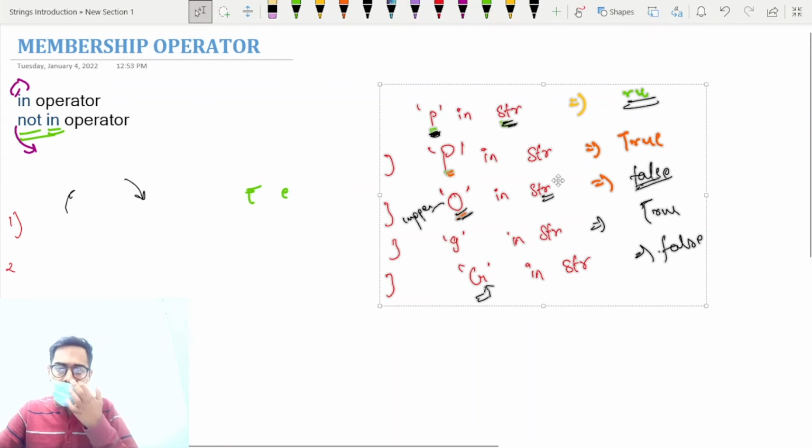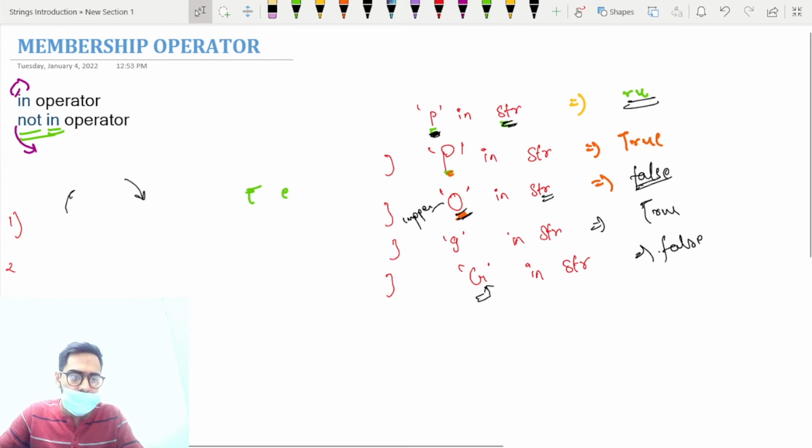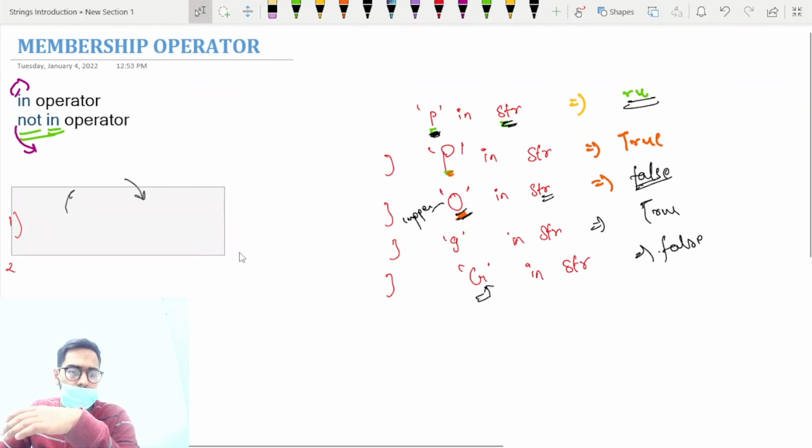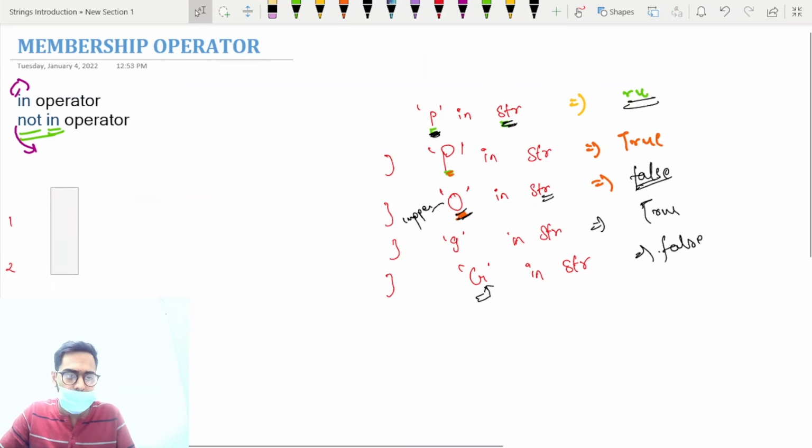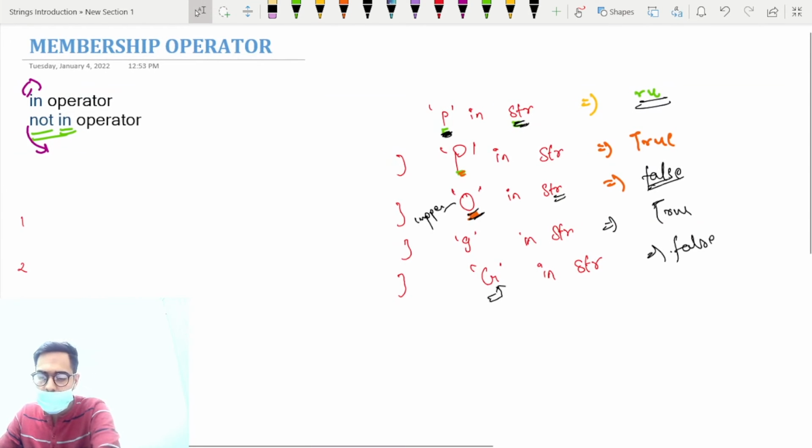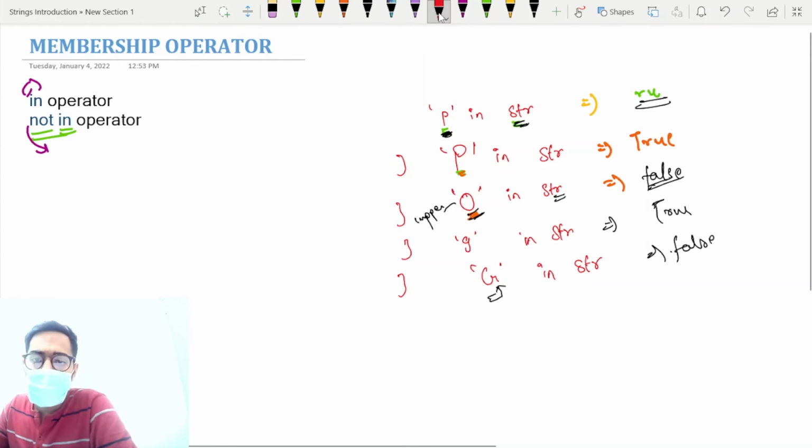I am facing an issue making a copy of it. Okay, just remove this portion. Just a second. Okay, I'll be writing again.